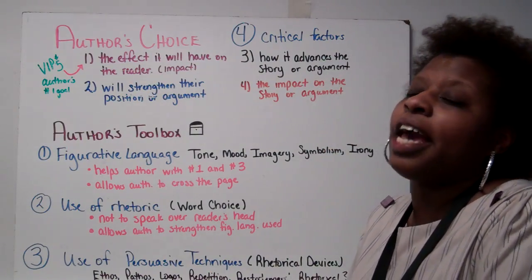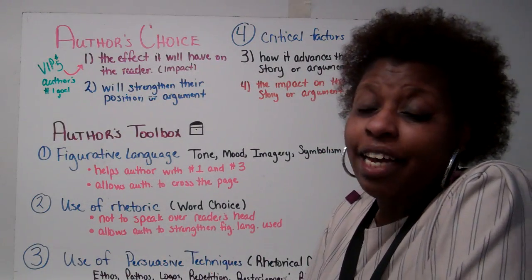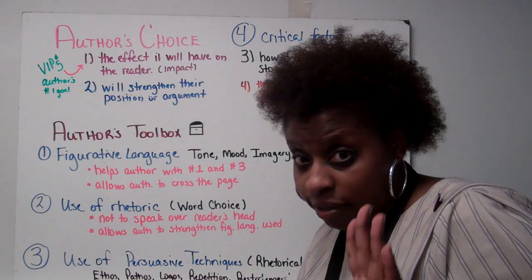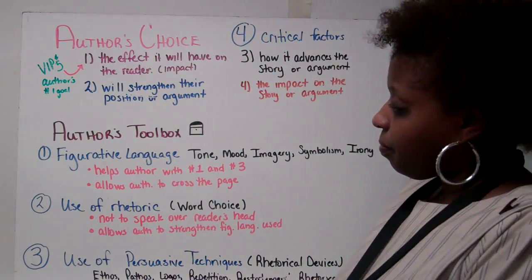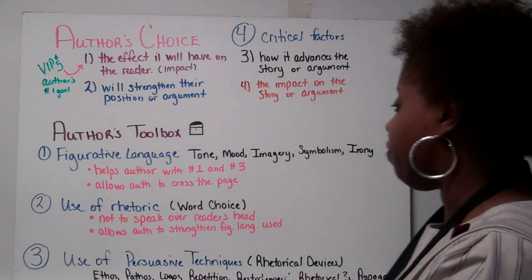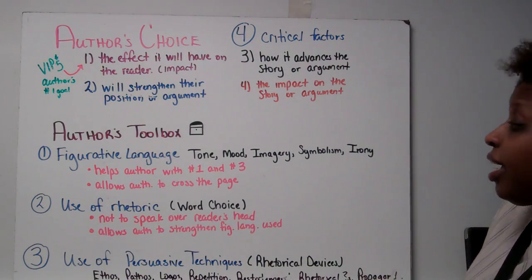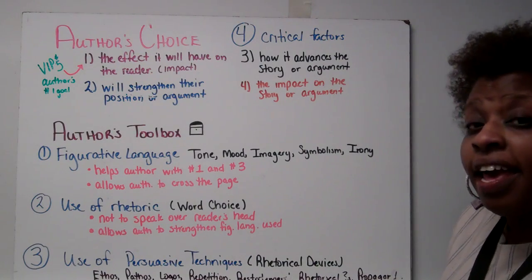Now, an author has a plethora of items in their author's toolbox that they can use. We're going to focus on the 5 major ones. The first one is figurative language. This is talking about tone, mood, imagery, symbolism, and irony.